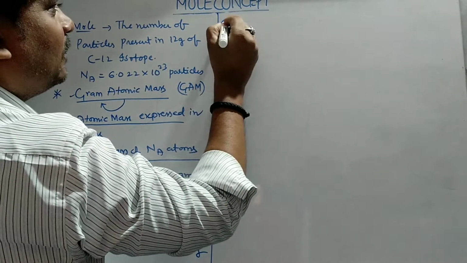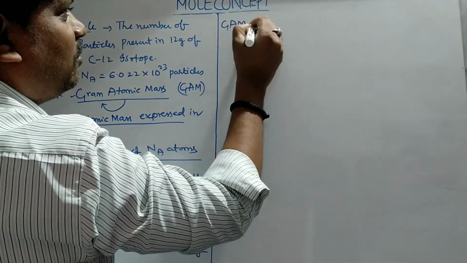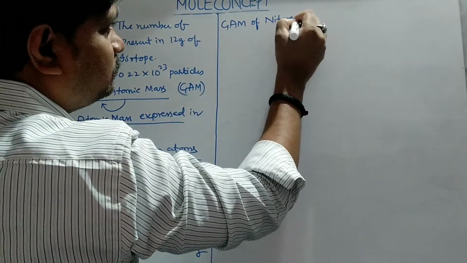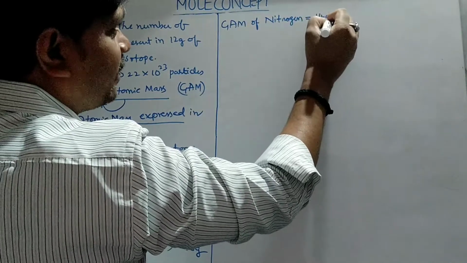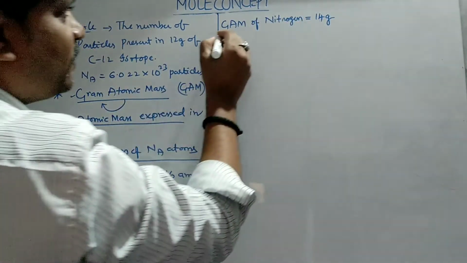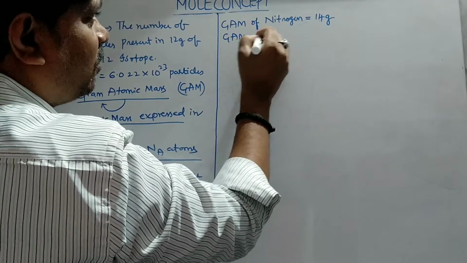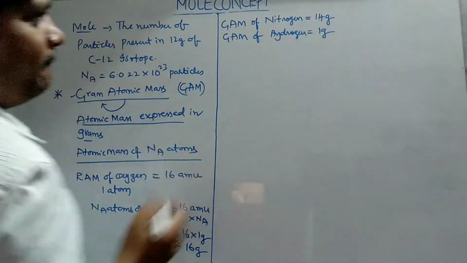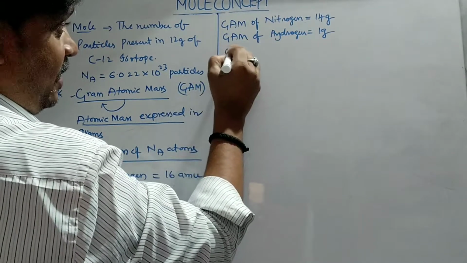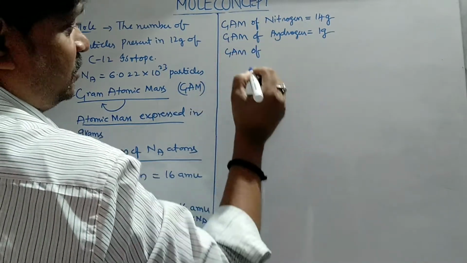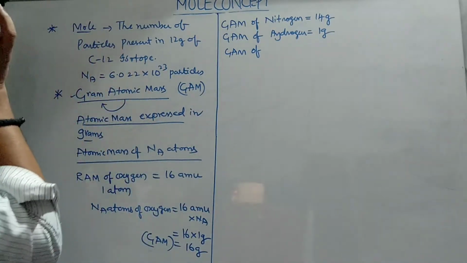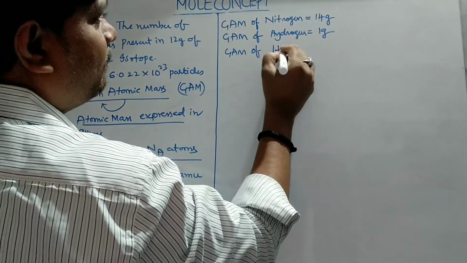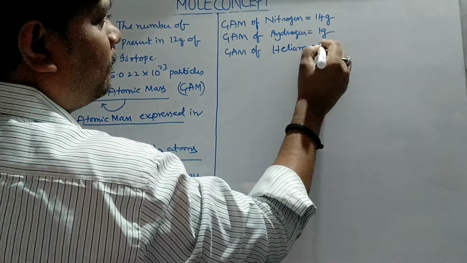Suppose you go for the gram atomic mass of nitrogen, we can write it as 14 grams. Gram atomic mass of hydrogen is 1 gram. Gram atomic mass of helium, 4 grams.